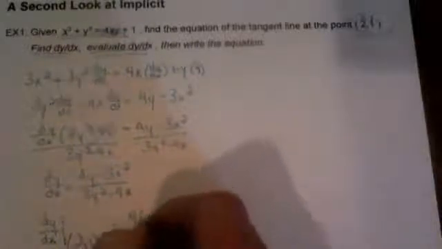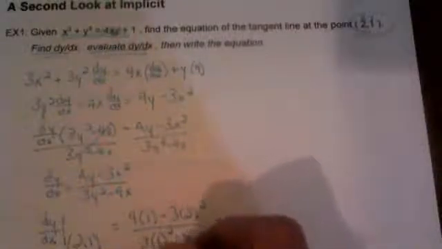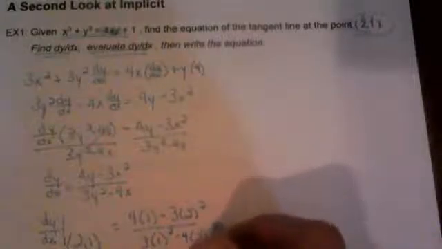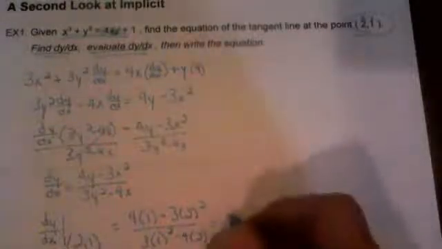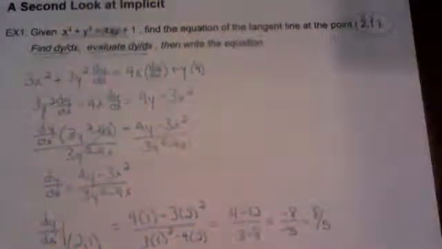So we're going to have 4 times 1 minus 3 times 2 squared over 3 times 1 squared minus 4 times 2. So we get 4 minus 12 over 3 minus 8 is negative 8 over negative 5, or 8/5. So using our derivative, we get 8/5.